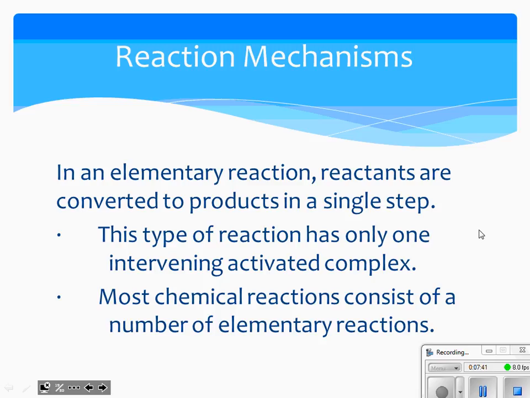So how would you be able to tell whether something has a single elementary reaction or a number of elementary reactions? Well, you look to find how many activated complexes you would have. How do you find that?